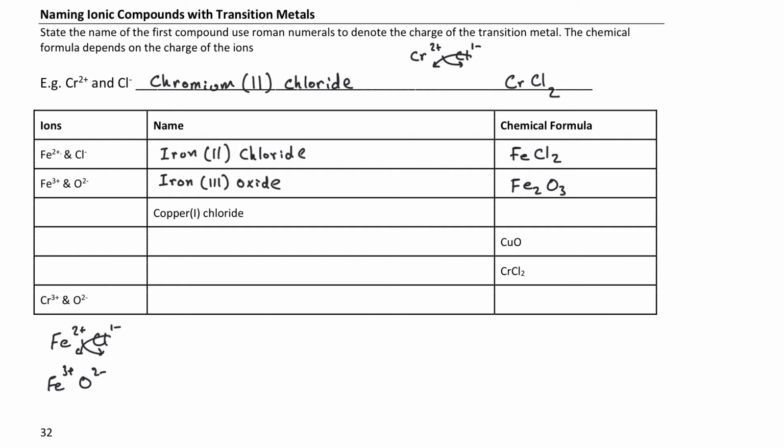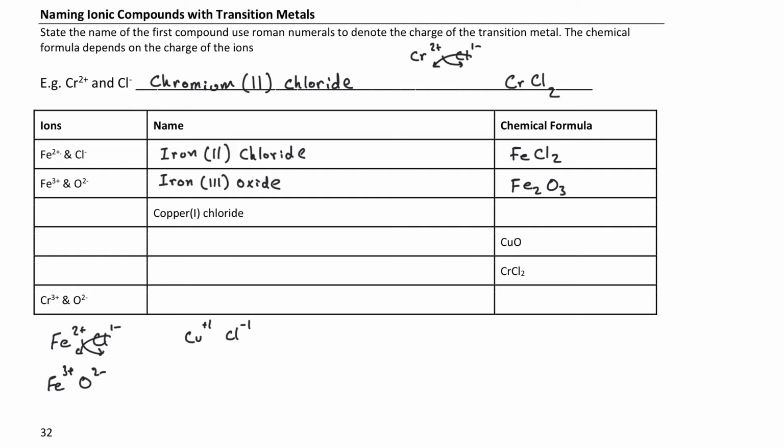The next one is copper 1 chloride. So if we have the name and we're trying to find everything else, then I would suggest that you write the 2 different ones first. So copper is Cu, chloride is Cl, and the charge of copper here is +1. And chlorine, you can figure that out because it's in group 7. That's -1.